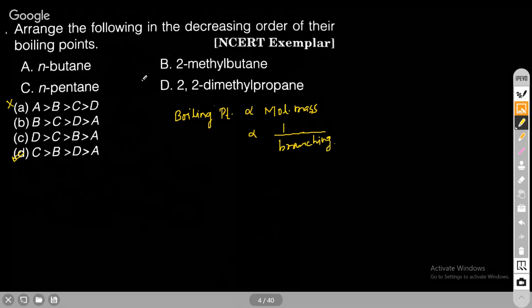What kind of relation do we have among C, B, and D? Can you tell me?